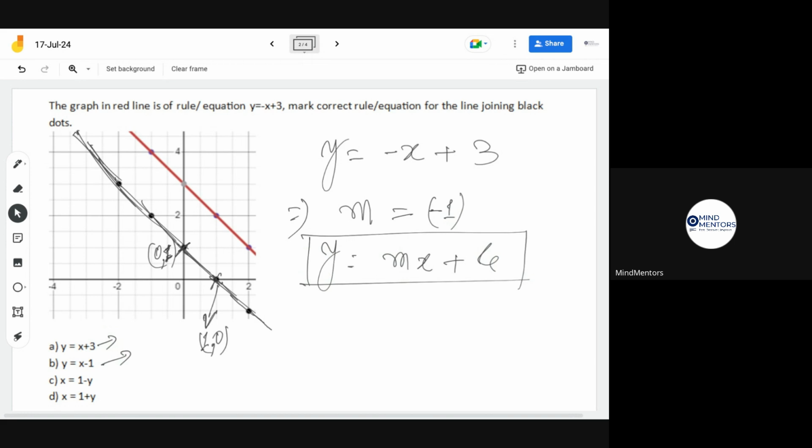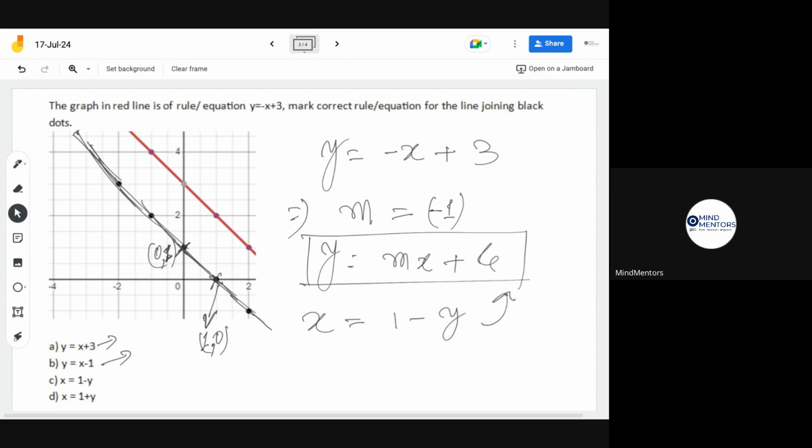And if you look at it, this is the only one where the gradient is negative. So it is x equals 1 minus y, and I can't deal with this equation in this format, so I'm going to change it into the standard format.